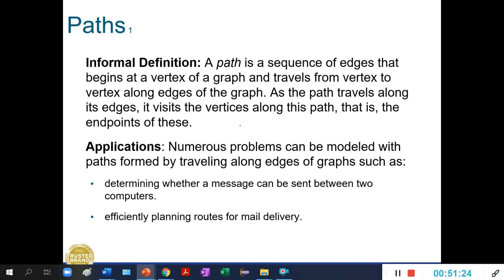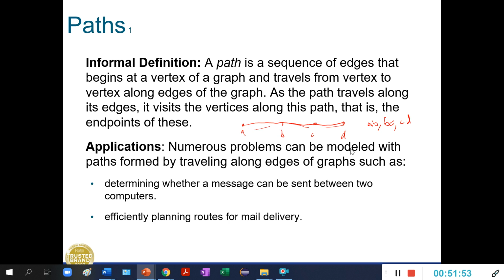So basically, you have vertex A, vertex B, vertex C, vertex D. So you travel from A to D. Your source, your destination is D, or vice versa. So this is the path from A to D: AB, BC, and CD.